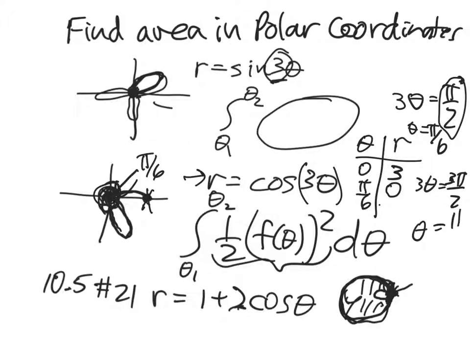So theta would then be pi over 2 to get to our next one. So again, that's just one of many ways of figuring out what the limits are, but that might be the easiest way, just to guess and check. And there are a lot of thetas that will give you 0. We just have to kind of methodically say, okay, if this is the one we're looking at, then how do we get to the next one? But that would be a good way to look at it. Any other questions?